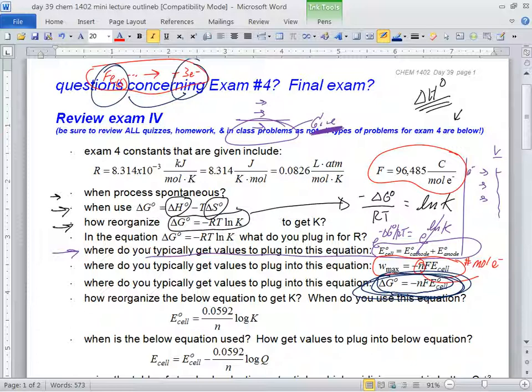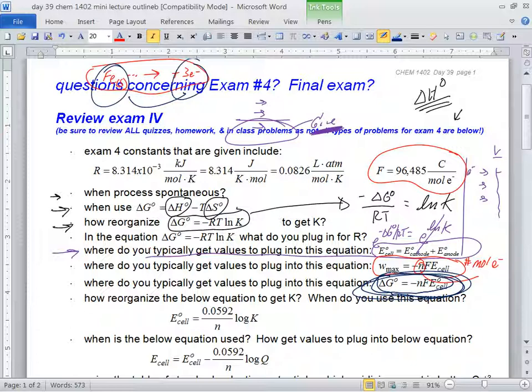So the delta G0 is what you're after, so you picked out this equation. Where do you get the rest of it? From the two half reactions, you'll get the E0 cell, right? Add up cathode, anode. That's this reaction in purple. So definitely. F is that constant. Where do you get the N? The electrons that cancel out when you add up those two half reactions.